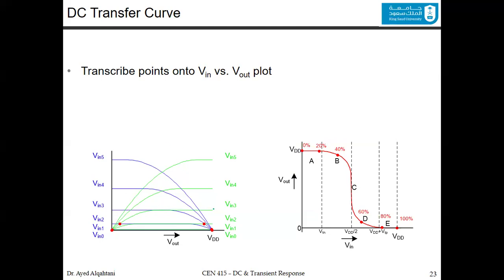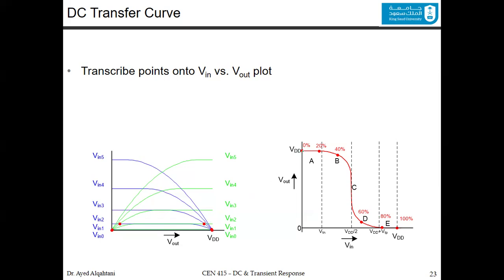We can get the equivalent of this curve by having the different operation points of the PMOS and the NMOS at the same time. Now you have the V input here on the x-axis. This is what we actually want to find the DC response for. And you have the voltage at the output on the y-axis. And now you have these regions, A, B, C, D, and E. Now let's look at our 6 points that we found.